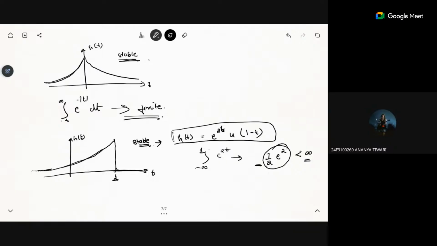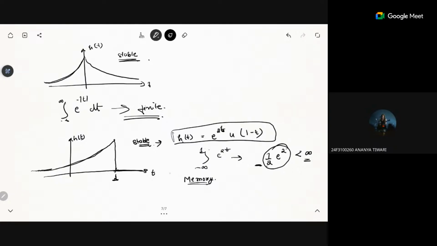For this question only, can you tell me whether it's memory or memoryless? It's not memoryless, so it's a memory system. Why? Because it's very simple: when h(t) is not an impulse delta function, then it's a memory system.